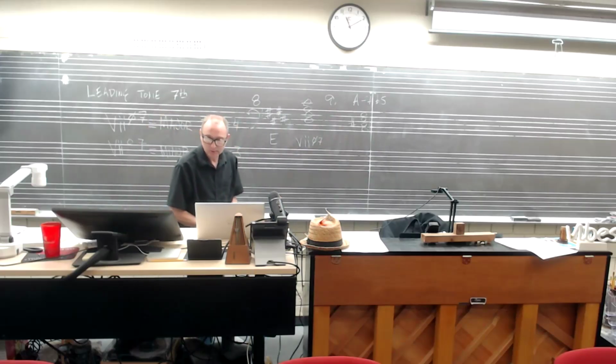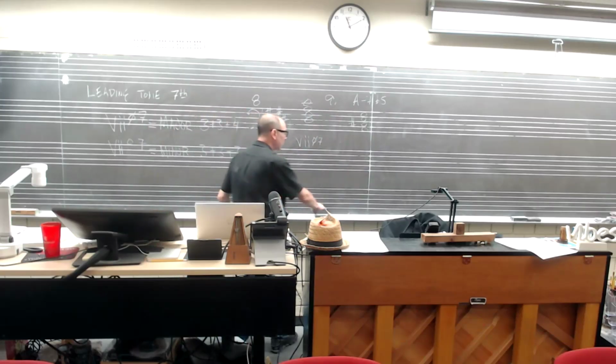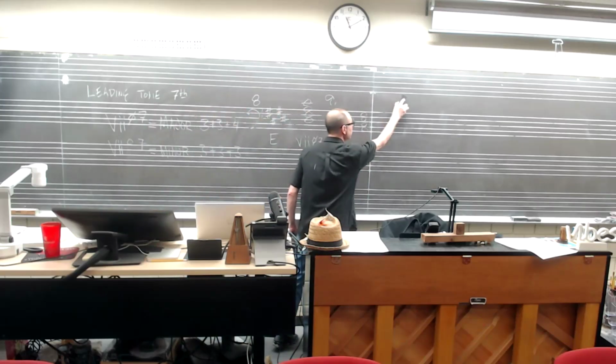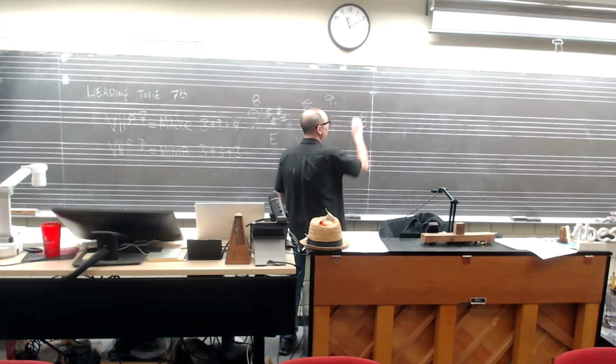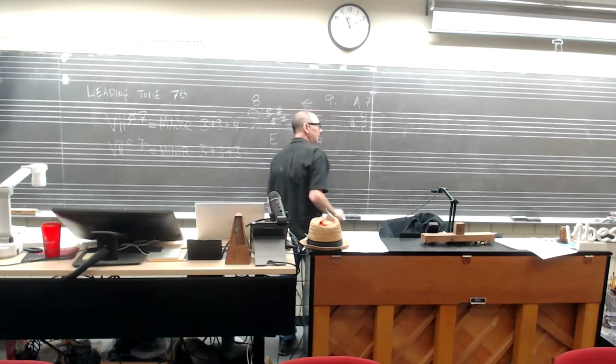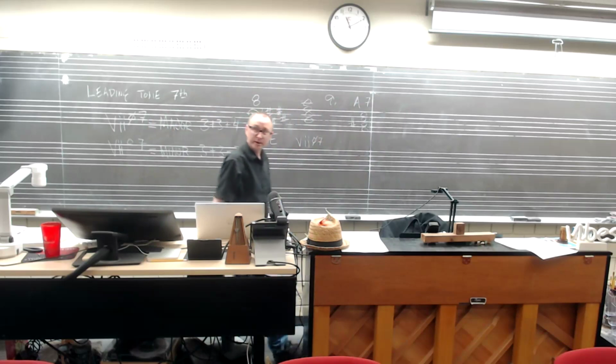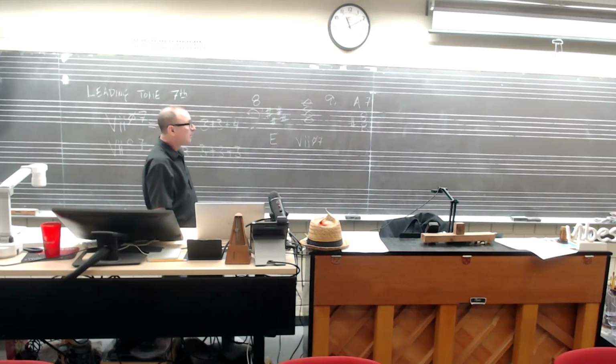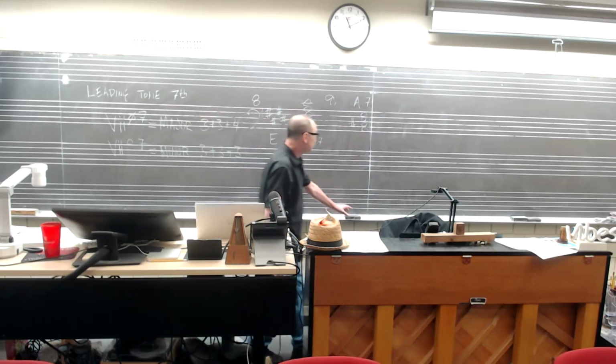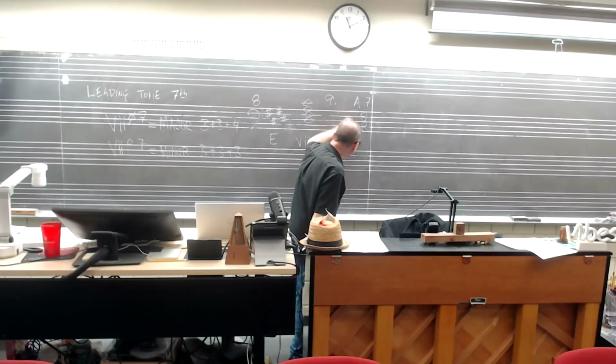Dominant 7th chord. Let's get rid of this because it's confusing. Okay, Amanda, you good with this? A7? That's a chord we know. Suppose I take away the sharp. Bye-bye.